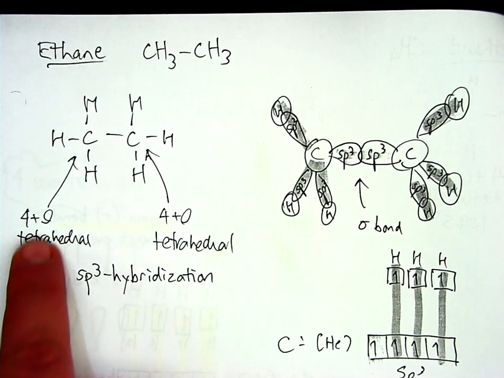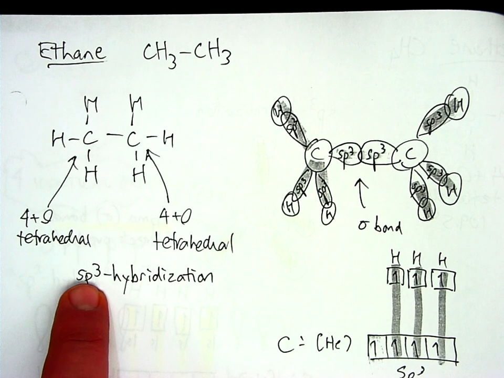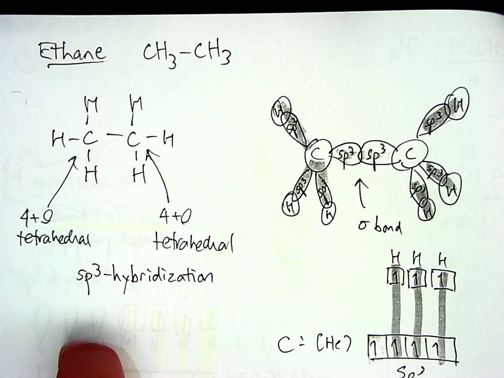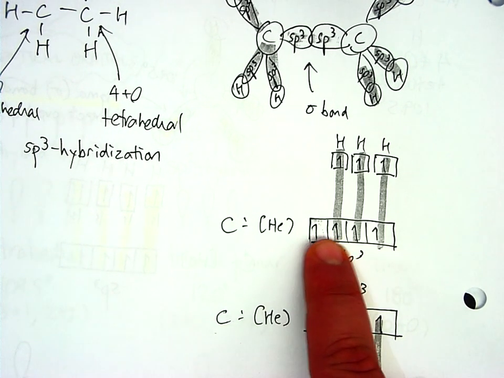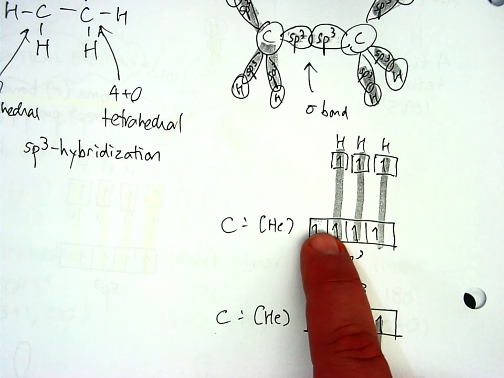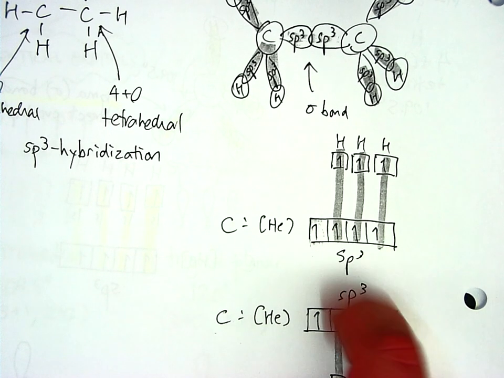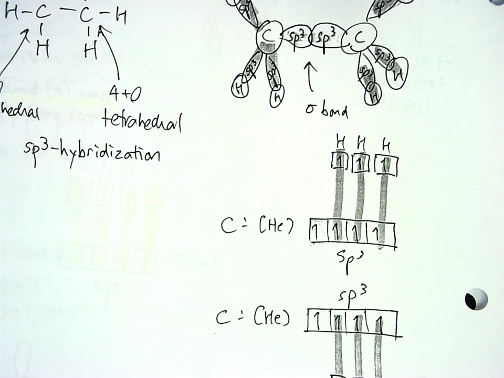If we have 4 plus 0 and it's tetrahedral, we need 4 identical orbitals. This requires sp3 hybridization of the orbitals. So each carbon here has mixed its 4 orbitals together in the valence shell to become 4 identical orbitals, all with the same energy.